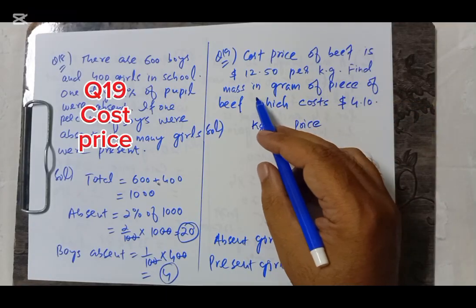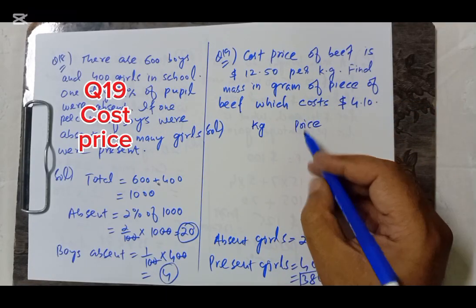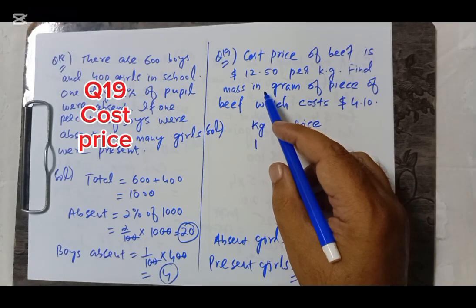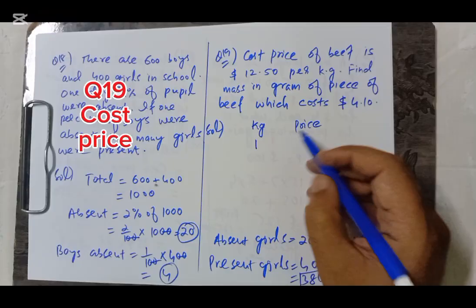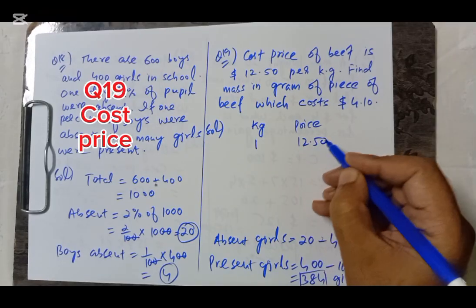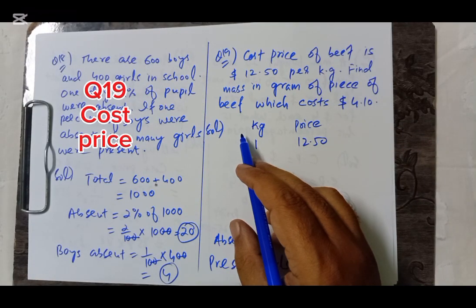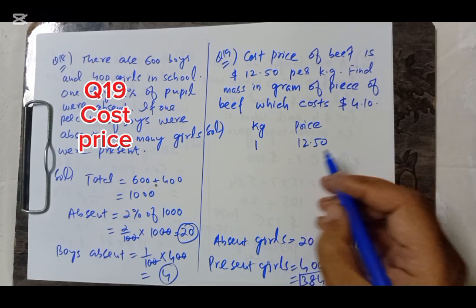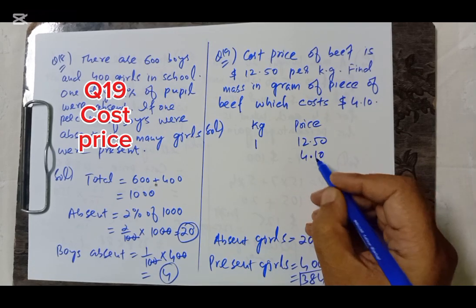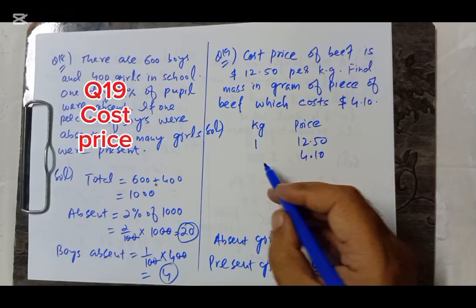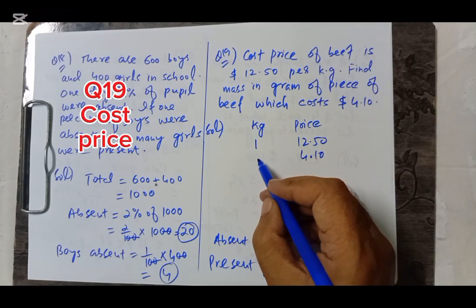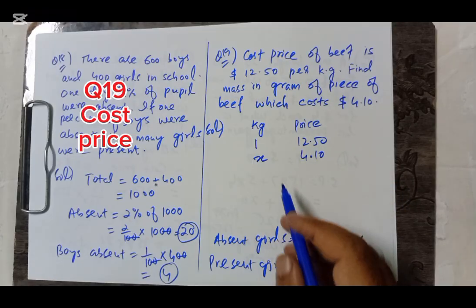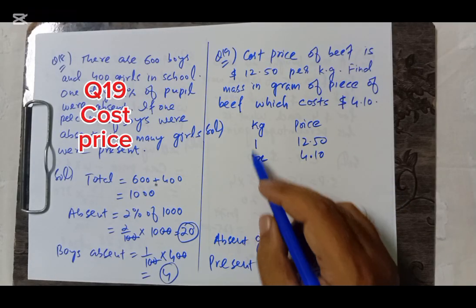If 1 kg of meat is bought, then the price is 12.50, and if $4.10 is spent, how much kg?